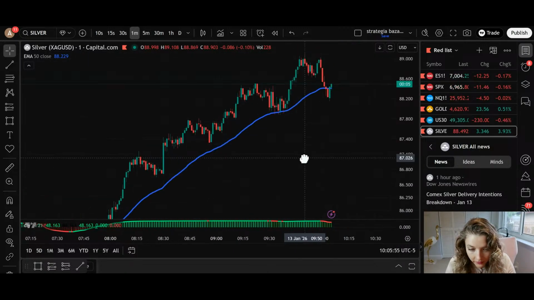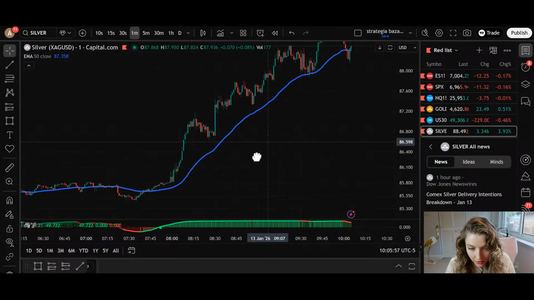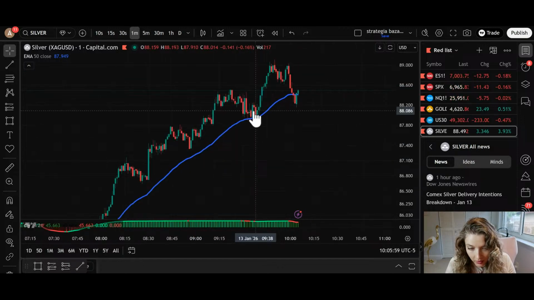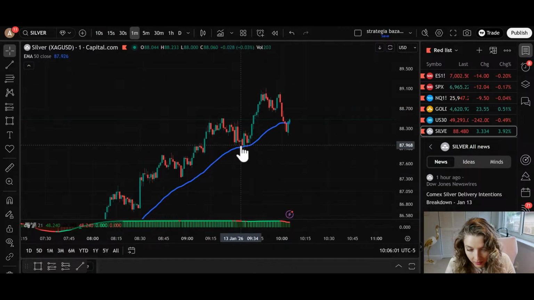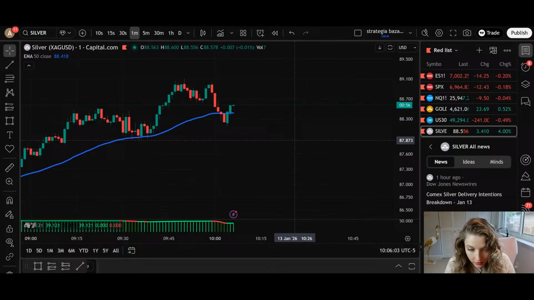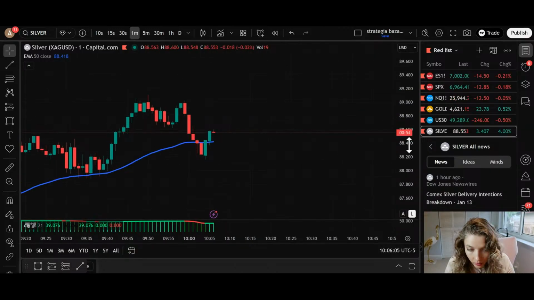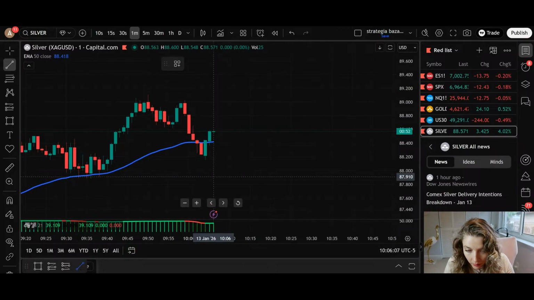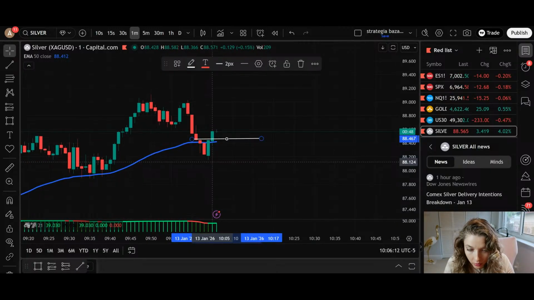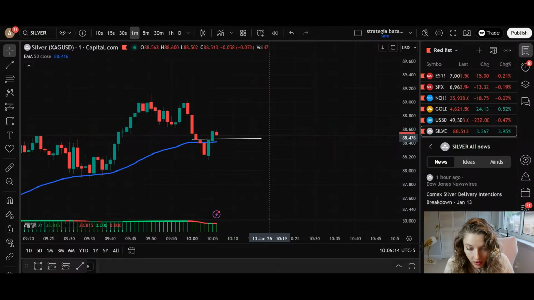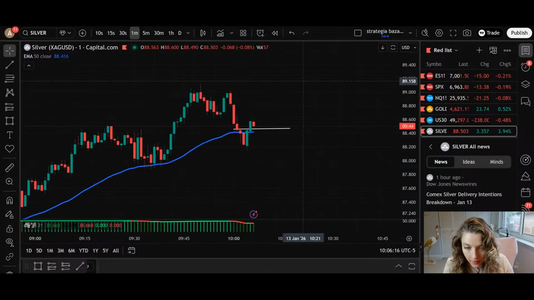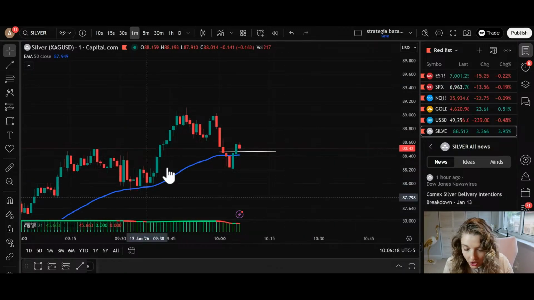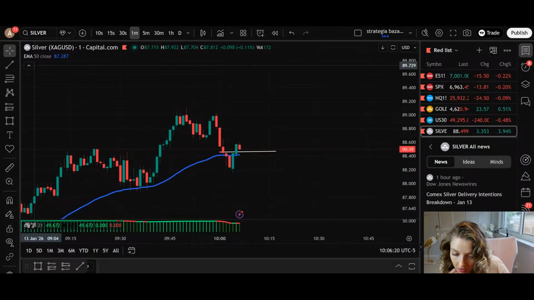Okay, so silver clearly is in an uptrend. The EMA acted as a support. So right now, I do have a rejection of the EMA. You see the first candle, 1, 2, the third one already broke it. On this strategy, I usually add another indicator on an EMA retest.